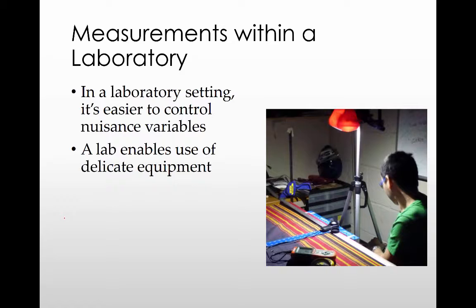And the benefit here was that we could eliminate all other sources of lighting except for the lantern, and therefore eliminate any other concerns about, let's say, light coming in from windows. Coming into the lab also allowed us to use equipment that may be delicate or sensitive so that we can use the broadest possible range of equipment.